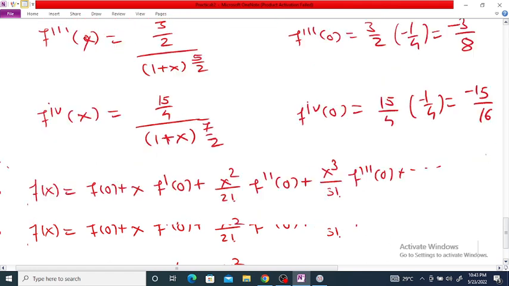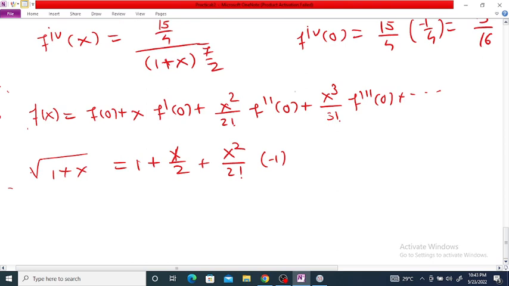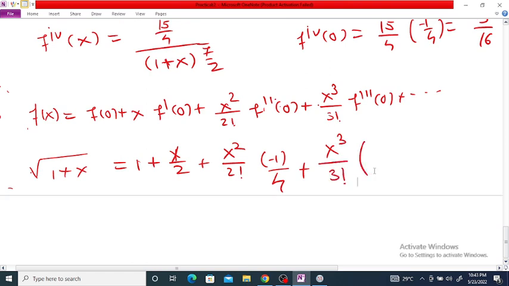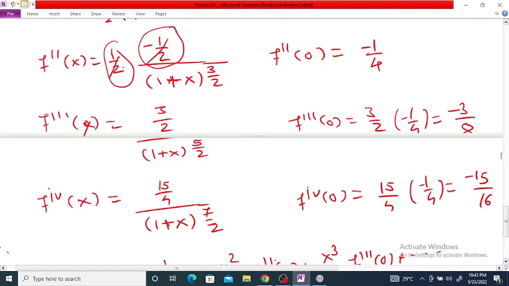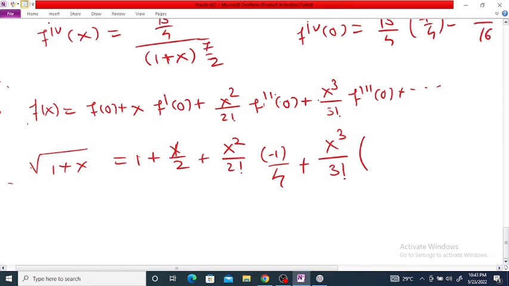Plus x cube by 3 factorial. What is f triple dash 0? F triple dash 0 is nothing but minus 3 by 8.